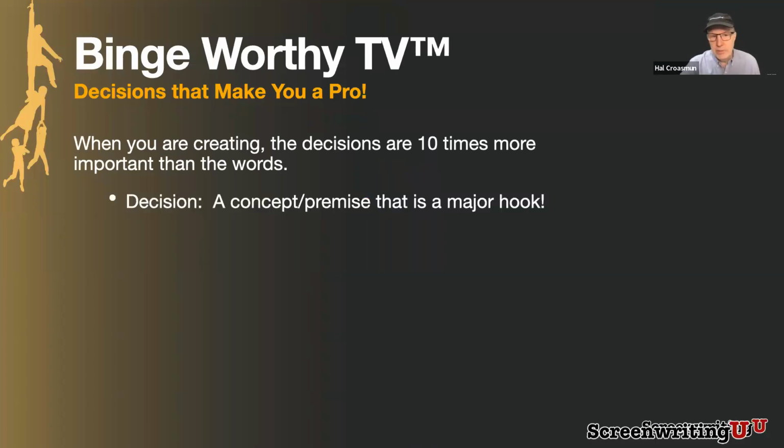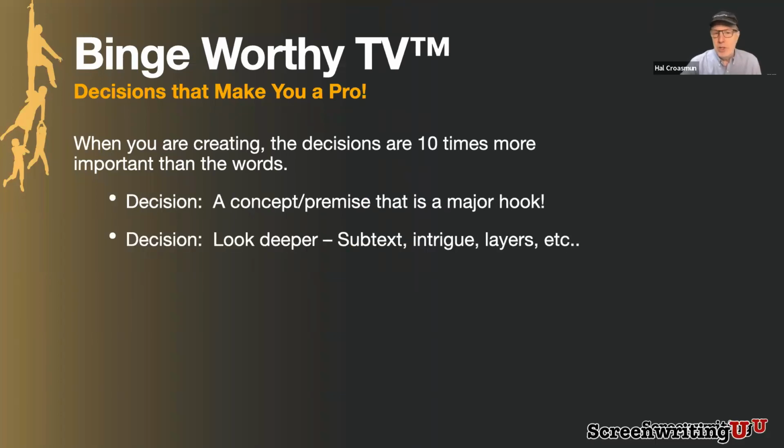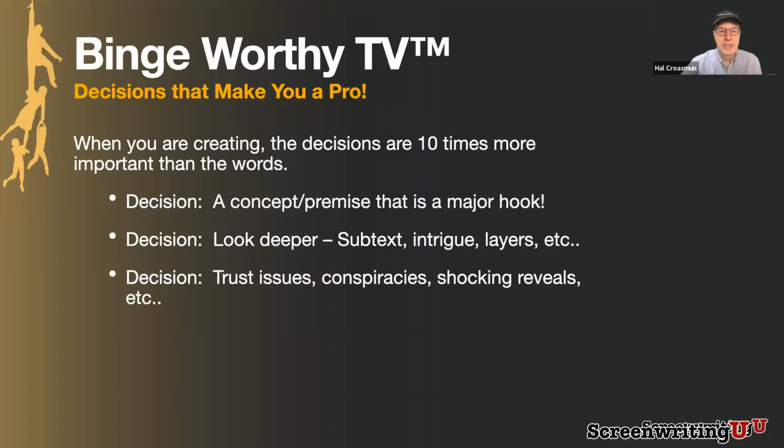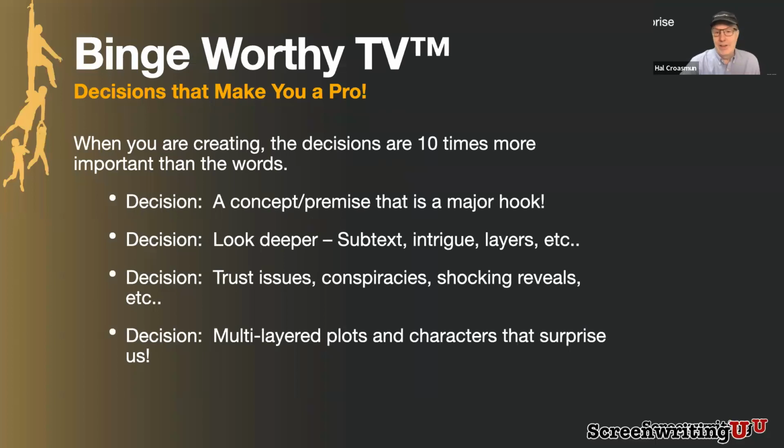And a decision might be, say, a concept, right? What's the big concept? What's the high concept? That's a major hook. It might be you looking deeper and finding layers of subtext, intrigue, deeper layers that are going to surprise us, right? It might be the trust issues that these characters have, the conspiracies that basically are running their lives, and the reveals, by the way, which have everybody talking about them online.